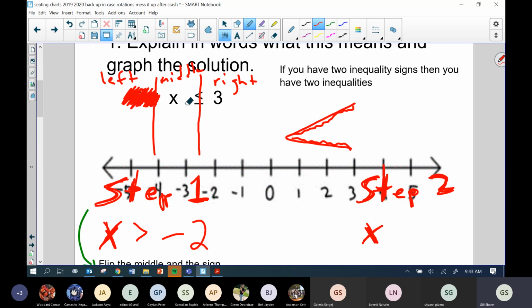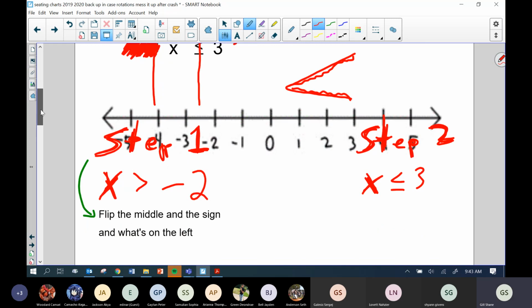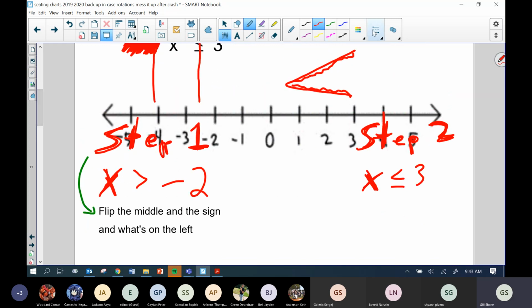I just write the same exact thing that's there. So I would just write x is less than or equal to 3. I don't even have to change anything on that one because x, the middle part relative to this right side, is already left of it, and we just want to keep it on the left. So we write the same thing. So again, the exact steps.